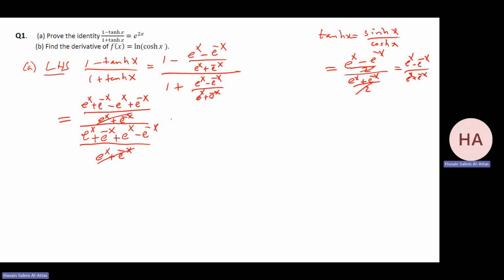So this is cancelled. I'm getting 2 e to the power minus x over 2 e to the power x. That gives me, strange.